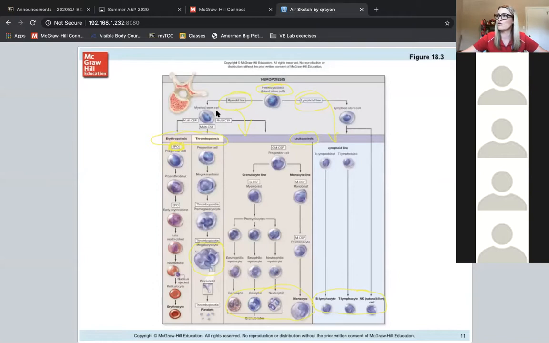But it's also interesting because of what stimulates erythropoietin. So what stimulates erythropoietin release from the kidneys are low oxygen conditions, as well as testosterone has an effect on this.